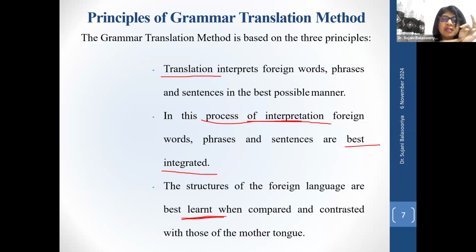And the third principle, learners are learning at their best level when comparisons are happening between two languages. These are the three ideas. So GTM is based on these three principles. If any of these three principles proves to be wrong or not successful, the grammar translation method itself will not be successful.